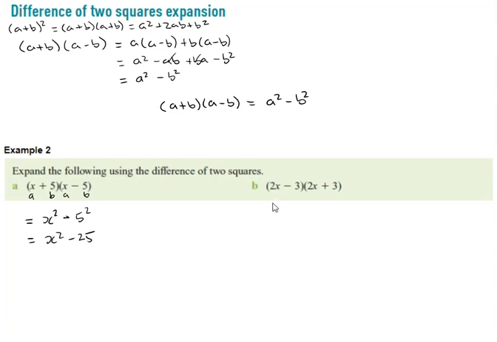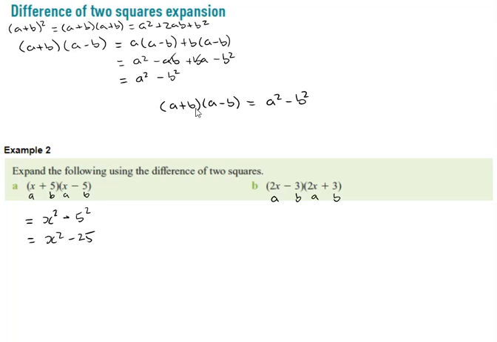Second example, okay, my 2x is going to be my a, my b is going to be 3, so a and b. Now this one is 2x minus 3 times 2x plus 3. The minus is in the front bracket. It doesn't matter which order you do it in, because if you're multiplying two expressions together, they're the same.